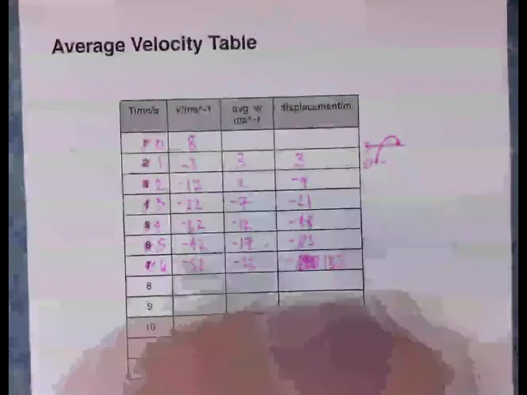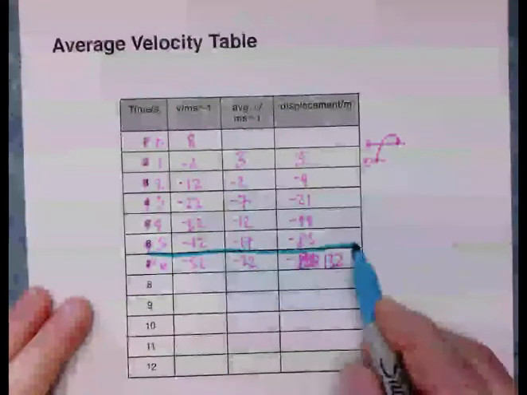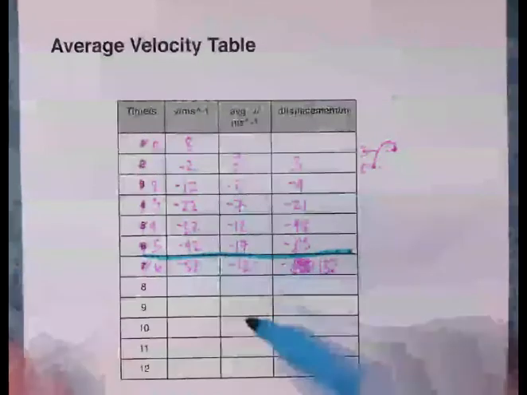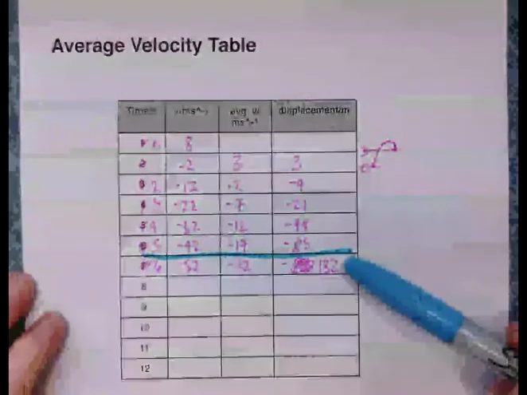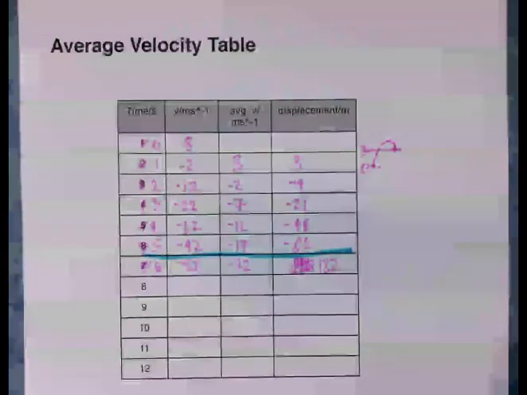Minus 132 meters. So what we see is the impact should be between 5 and 6, and the impact velocity should be between 42 and 52. But this will, again, allow us to answer any multiple choice question rather quickly.